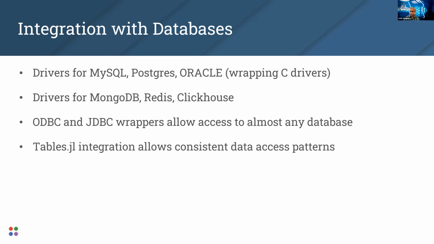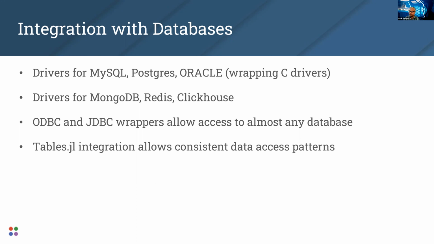So we have drivers for MySQL, for Postgre, for Oracle. These drivers wrap the C drivers, so they are as performant as the C drivers. We have drivers for the non-relational databases as well. So for Mongo, for Redis, for ClickHouse, pretty good quality drivers.